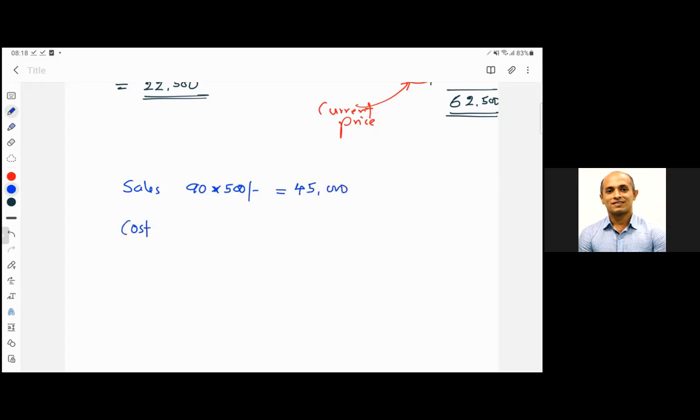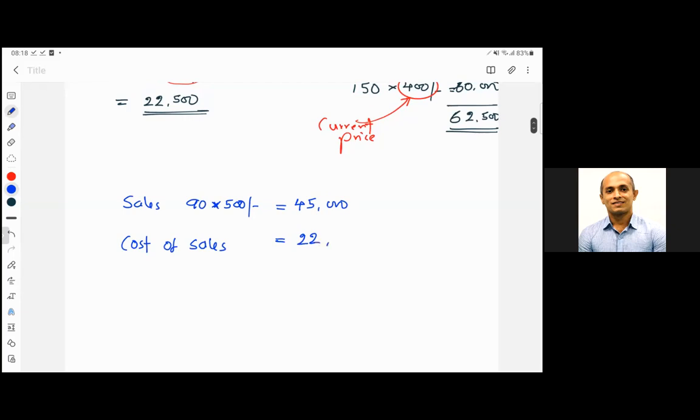Cost of sales 22,500. Then gross profit 22,500. Now you see your cost of sales is at old prices.